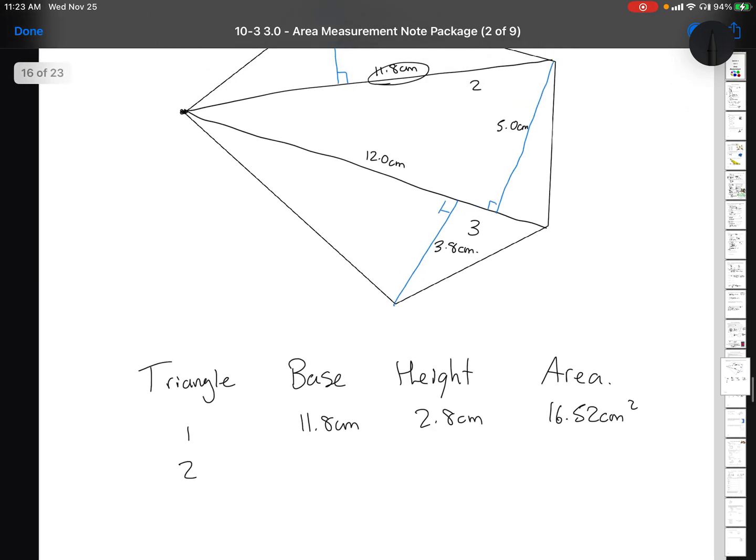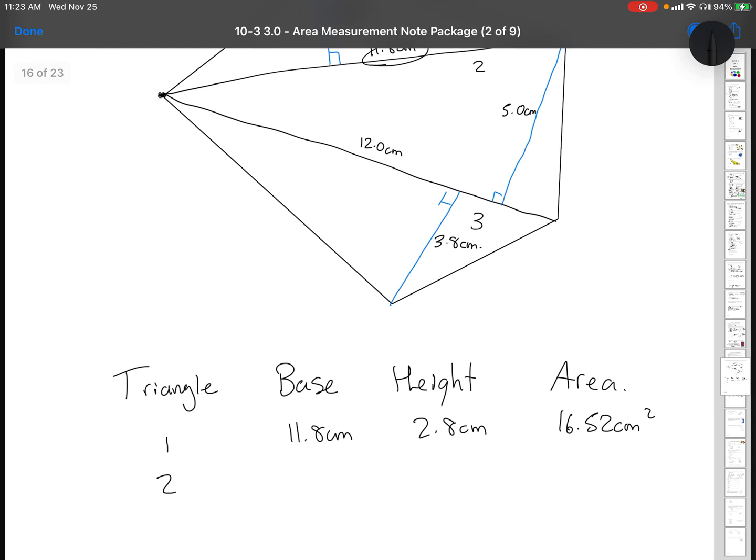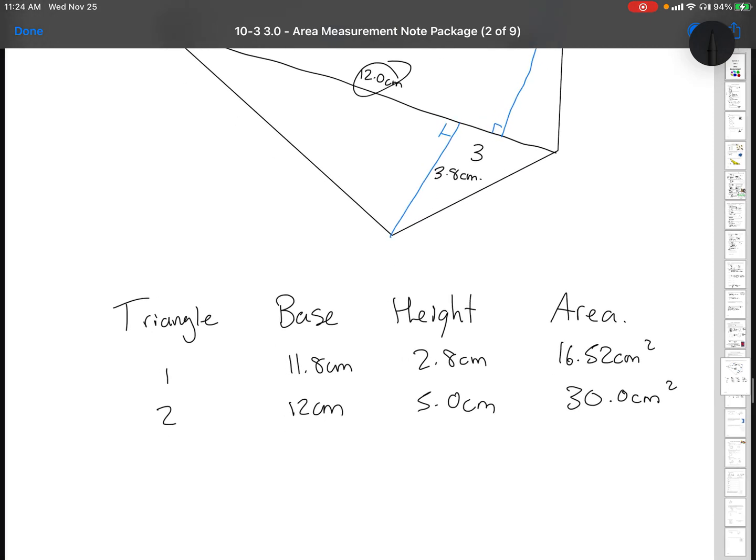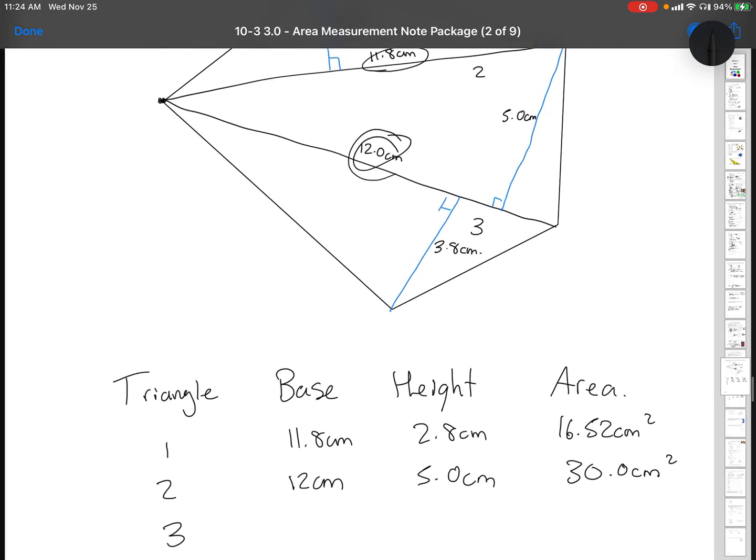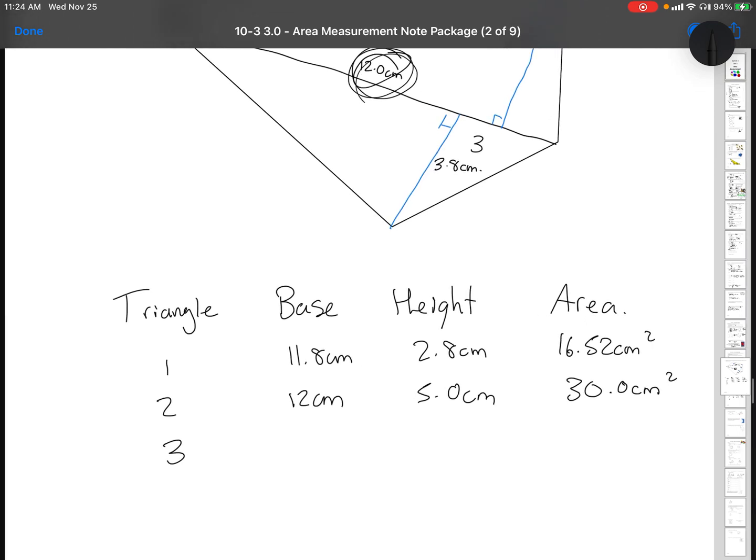Then triangle 2 has a base of 12 centimeters and a height of 5 centimeters, which we can multiply to give us an area of 30 square centimeters. And then we can do the same thing for triangle 3, which has the same base as triangle 2 at 12 centimeters, and a height of 3.8 centimeters, which gives us 22.8 square centimeters.